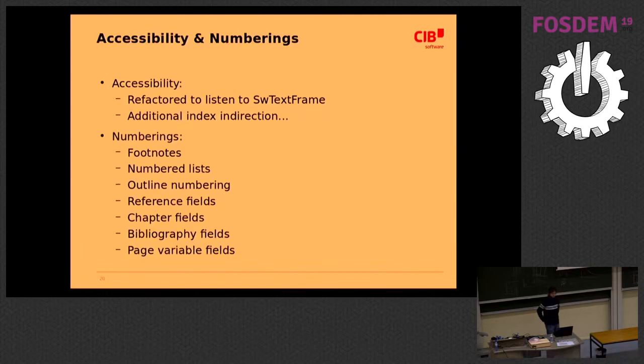And we also had to refactor it so that it is now a client of the SwTextFrame, where previously it would listen at the SwTextNode, which was unique previously, because just like the text frame, there was a 1 to n connection there.